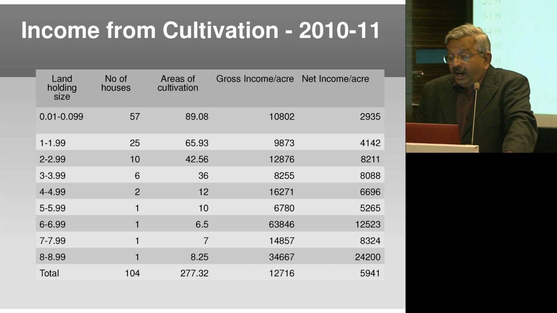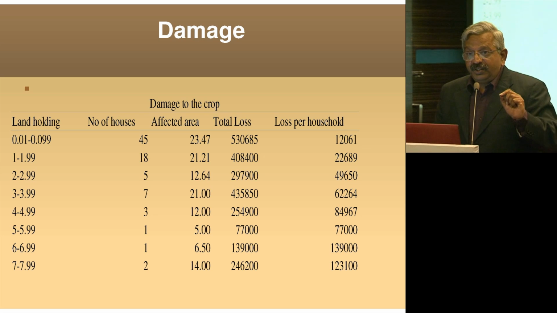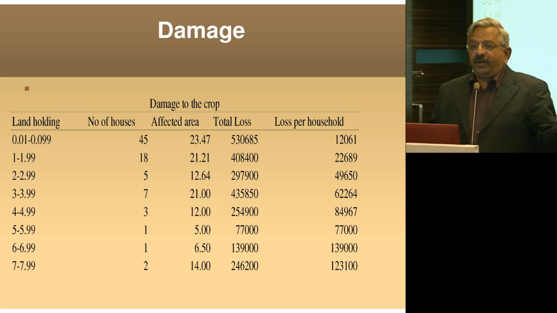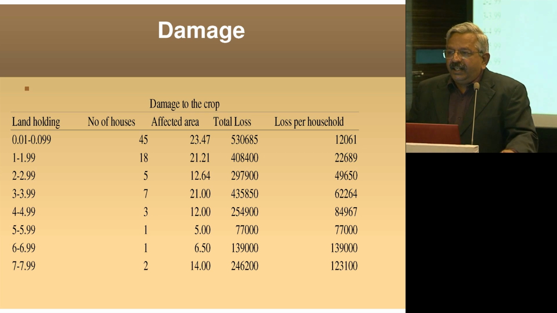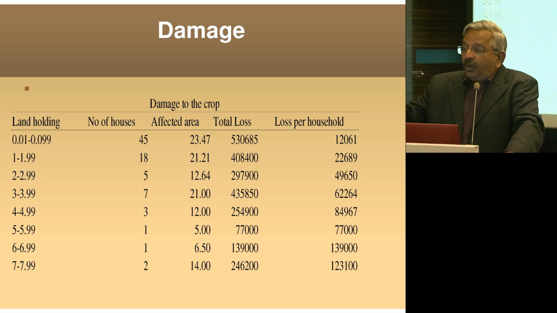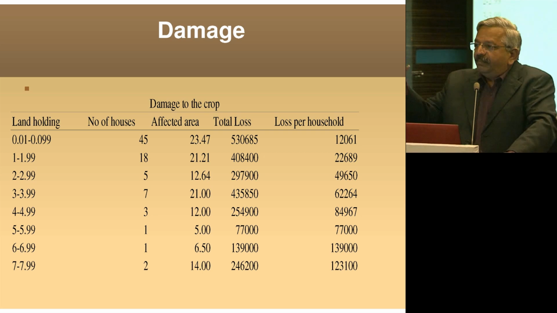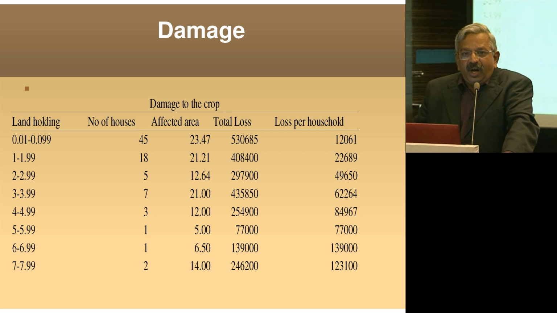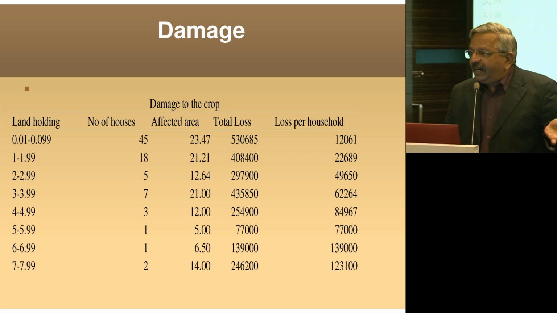Now, of course, if you look at the gross value of damage, and you have to be careful, obviously the richer farmer will suffer more gross value of damage. But this is like saying if there is an earthquake in Mumbai, and 1 lakh people lose their slum shanties, and God forbid, Mukesh Ambani's Antilla also keels over, the GDP loss, the asset value loss from both these will be comparable.